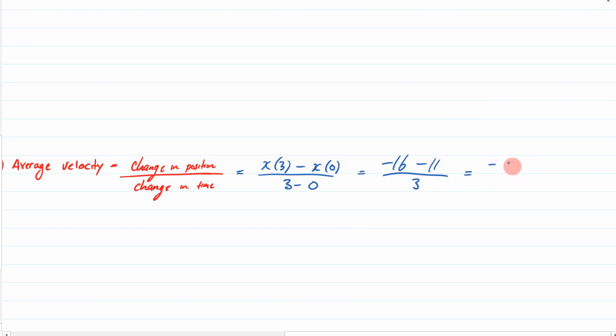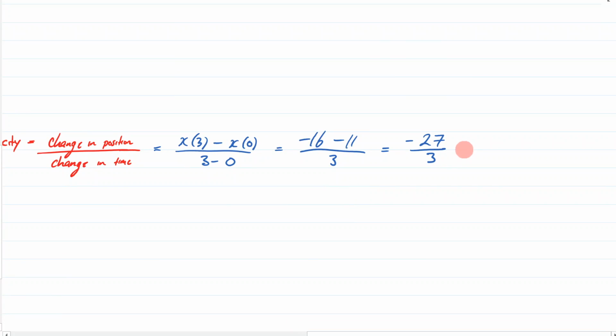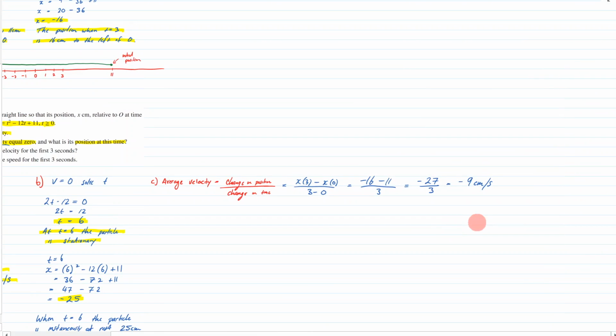This is going to be negative 27 on 3, which means my average velocity is negative 9 centimeters a second. So notice that it's a negative value. Really take note of the fact that it's negative. That tells me the direction in which it's moving. It's moving to the left. And I know that because it's negative.